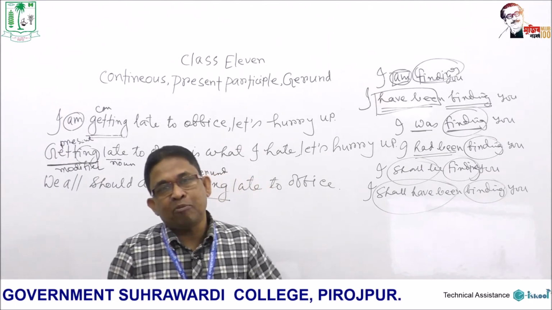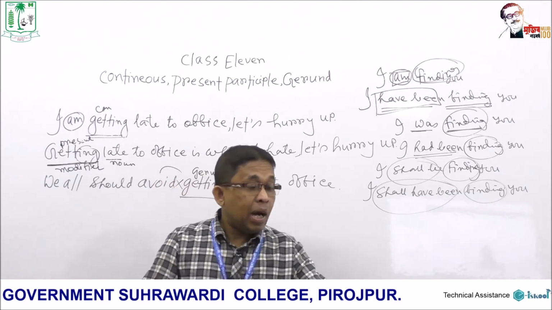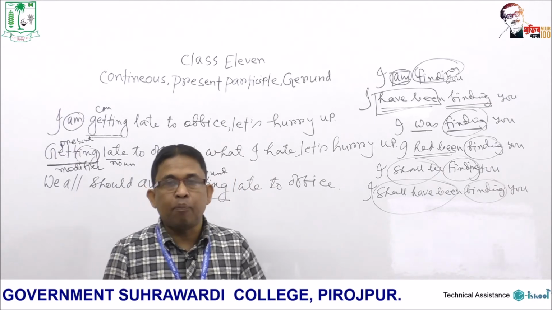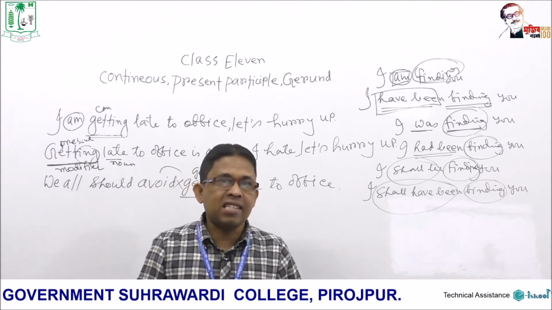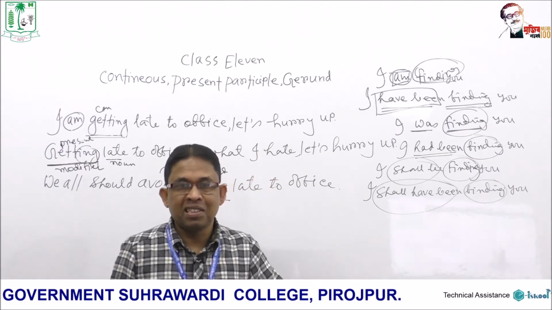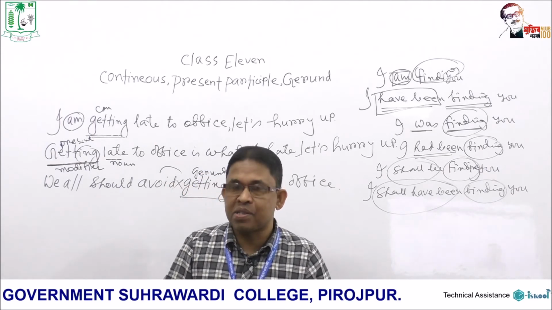So, it is said that a participle is formed from a verb and acts simultaneously as a verb and an adjective. This is the basic function of a participle.